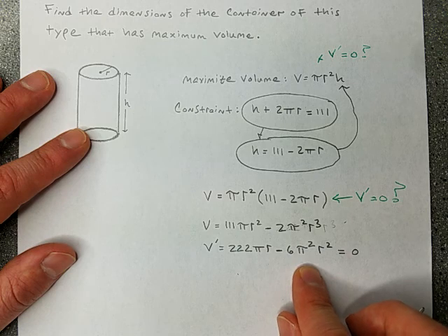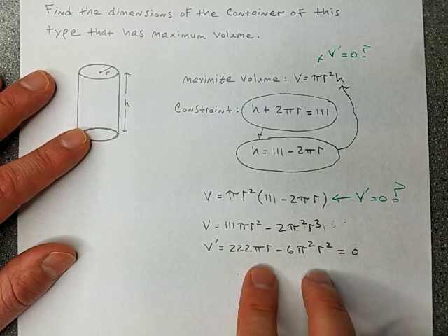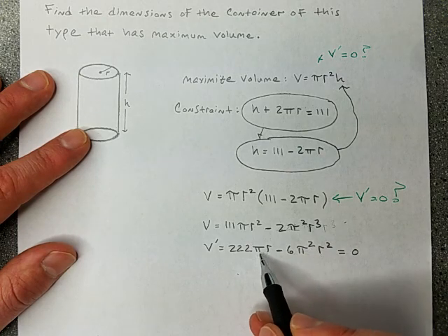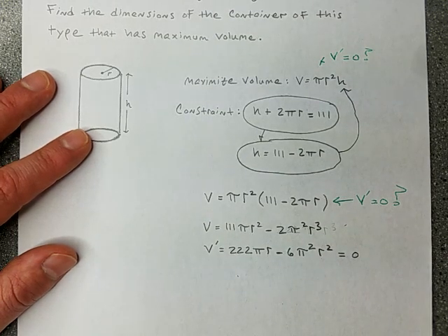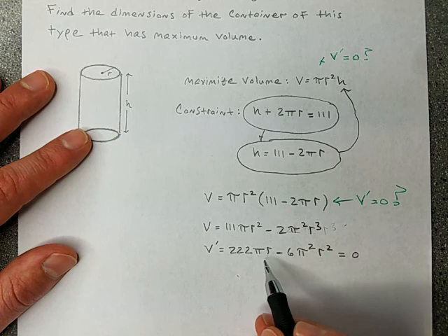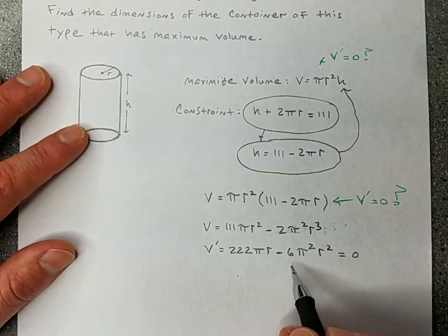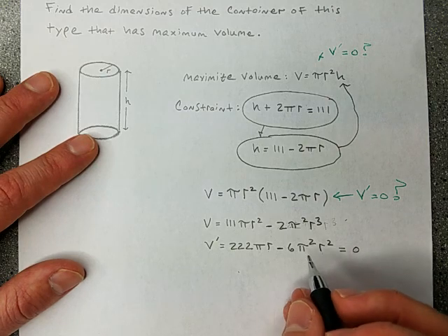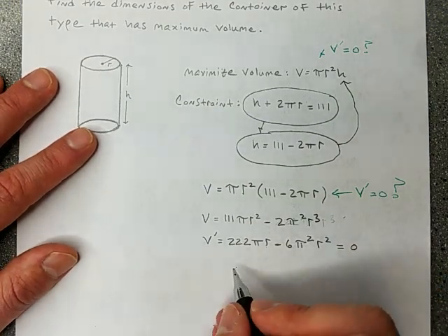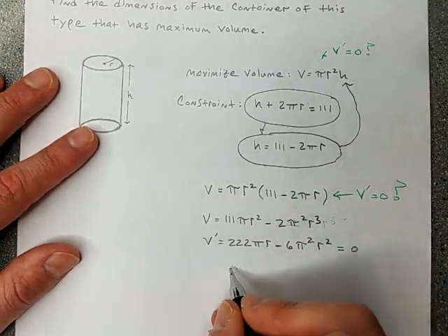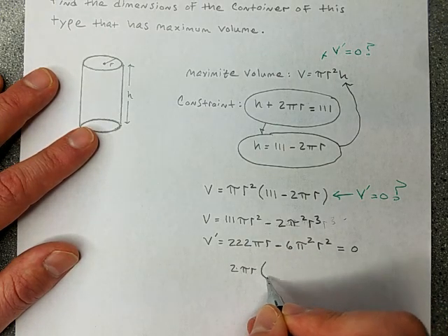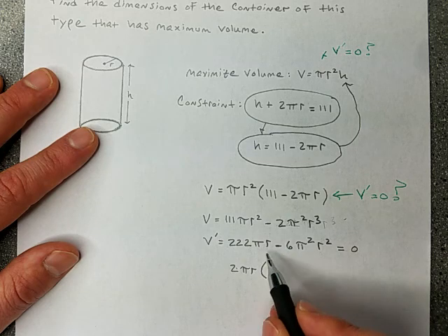Now, let's do this. To solve this, let's factor out r and pi. We could also factor out a 2, but I don't really think there's so much advantage of that. Or why not? Let's factor out the 2. So 2 pi r, that's what I can factor out of both of these.